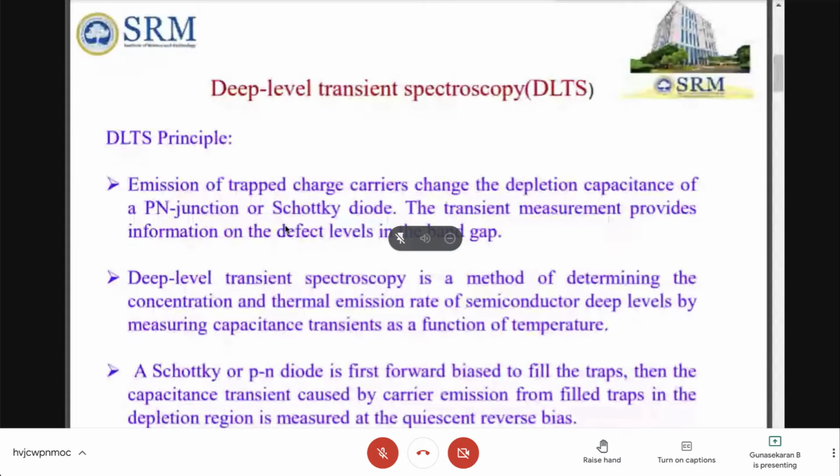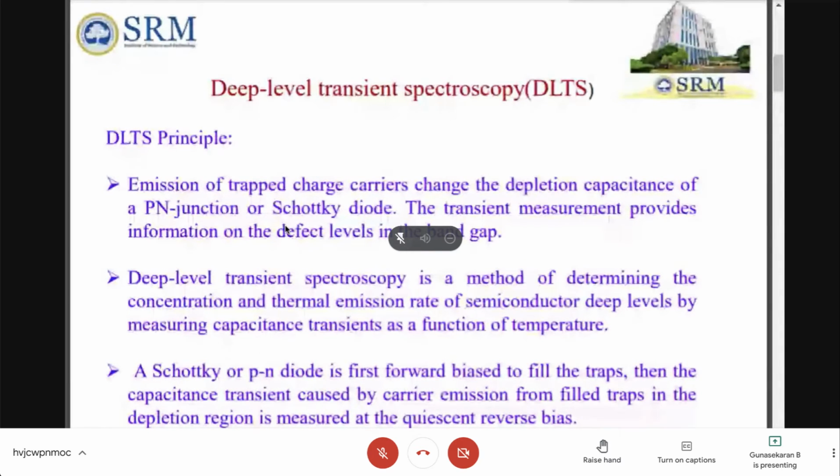The emission of trapped charge carriers changes the depletion capacitance C of PN junctions. So these measurements give information about how much defect level exists in that band gap.